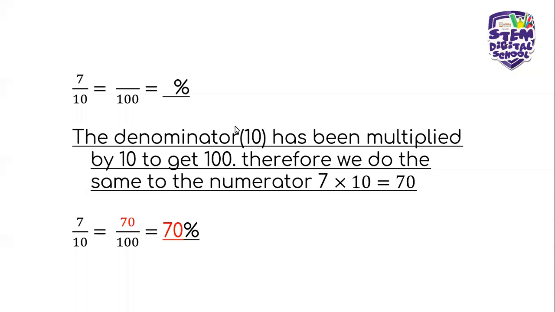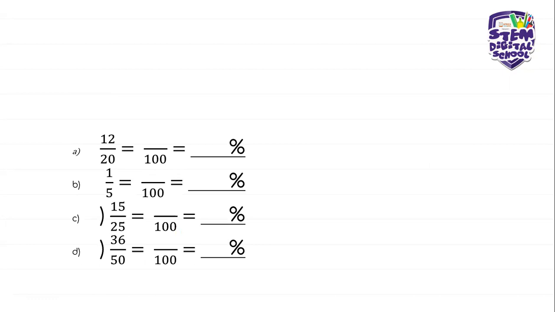Right, just to give you some of the activities, we are starting here with 12/20. And of course, we are converting this to a percentage. As I said earlier, without using a calculator, you can convert this to a percentage.